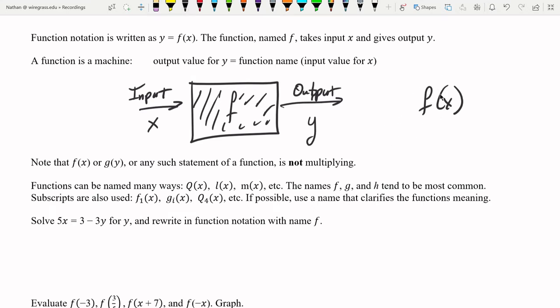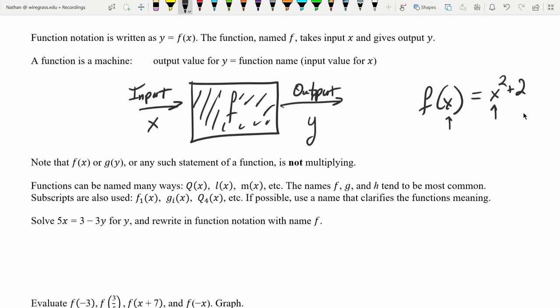So you probably see something like this: f of x equals x squared plus 2. This is what a function normally looks like. It's a formula where your input is going to get plugged in here. Then your input gets squared and added onto 2, and that is how you get your output.